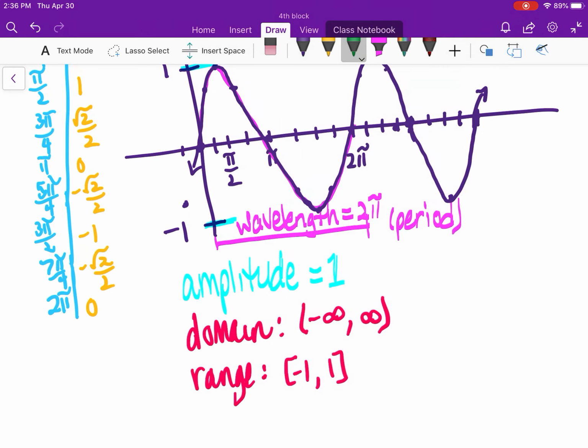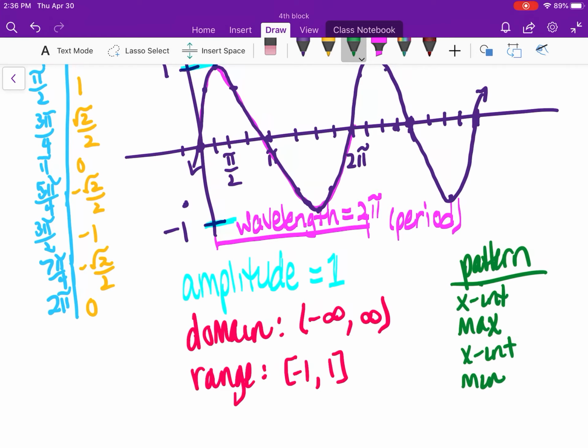Now, when we graph these, we're going to be talking about how there's this pattern with sine. And our pattern with sine, okay, if we look at one wavelength, we have an x-intercept. Then we have a maximum. Then we have an x-intercept. And then we have a minimum. And we have an x-intercept again.